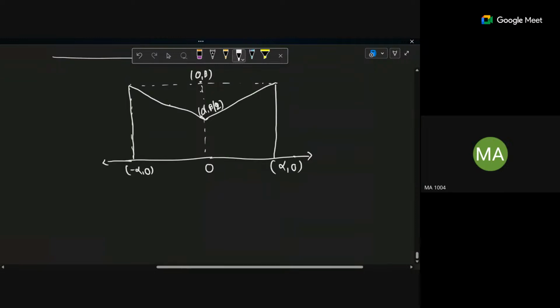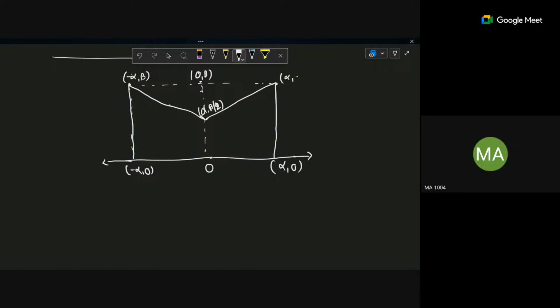One way is you can find the equation for this line. That is not that difficult, because you know this point. What are the coordinates for this particular point? Minus alpha comma beta. And for this point?